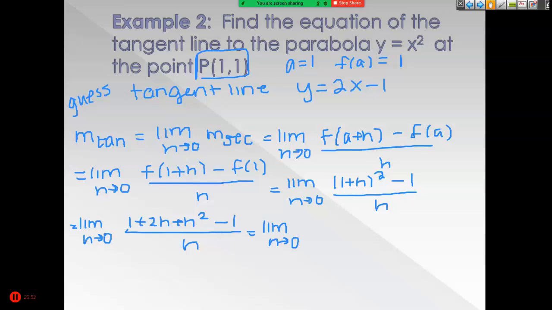FOIL your 1 plus h squared. Then clean it up algebraically.